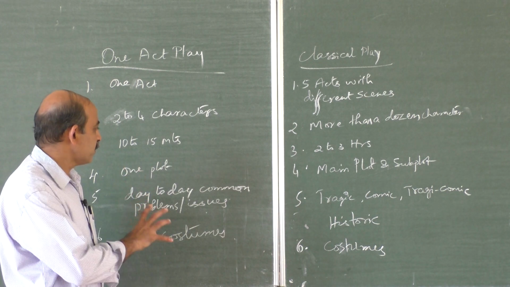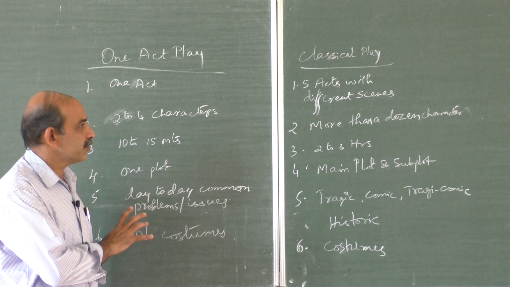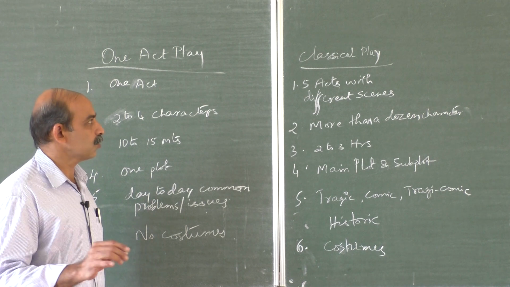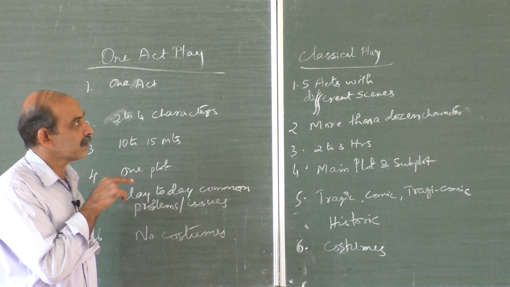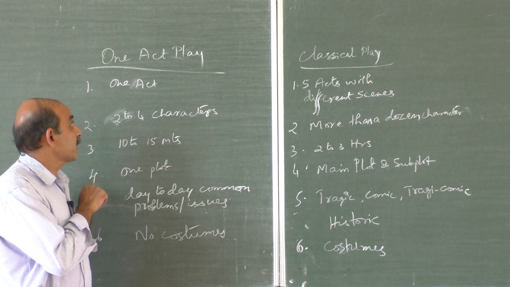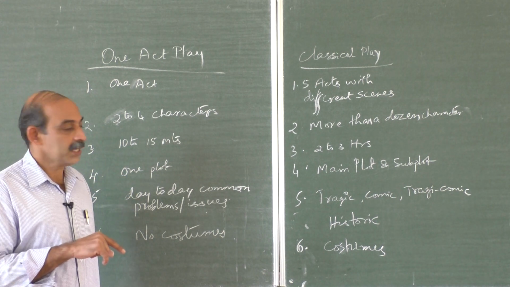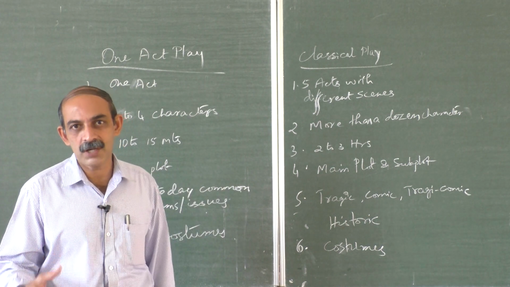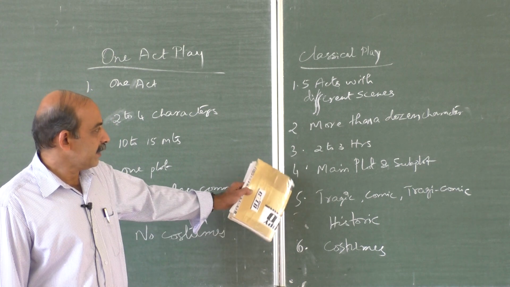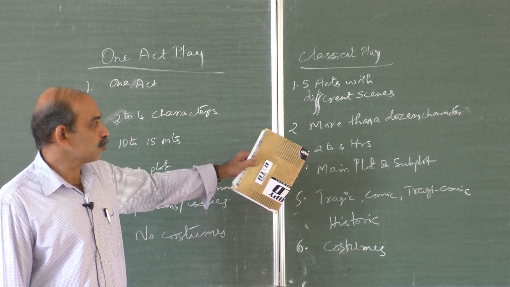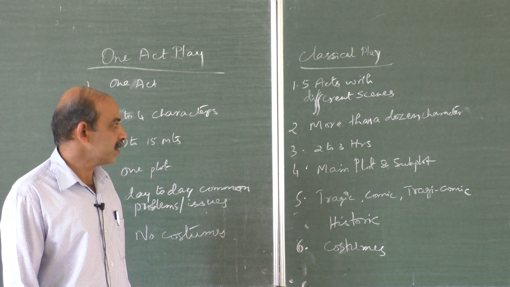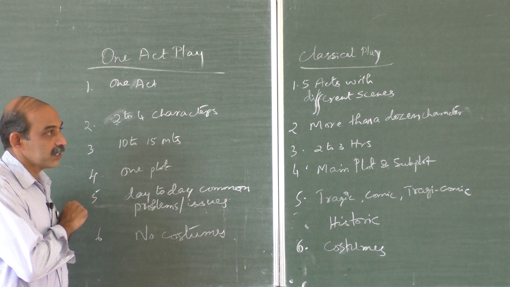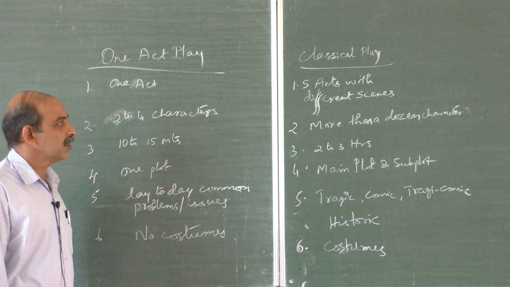So these are the main differences between the two, and you have to consider these, because present students should also know that there was a concept called classical play, and this one act play emerged in the beginning of the 20th century, basically because the people are not ready to sit in a theater for 2 to 3 hours, and many characters people are not ready to remember.